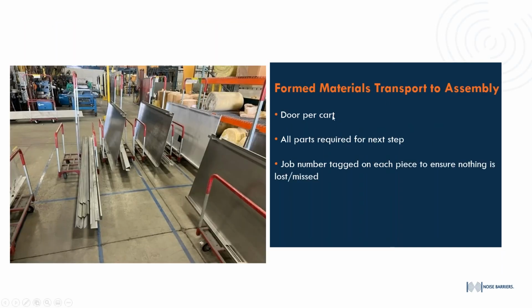Here is how each job progresses from that phase down to the next phase. They all get placed on a cart. The cart is tagged. Every part required for every job is on that cart, tagged with the job number, and that cart doesn't go forward until all parts are on there. They don't want to start a door and a door frame without all the parts.